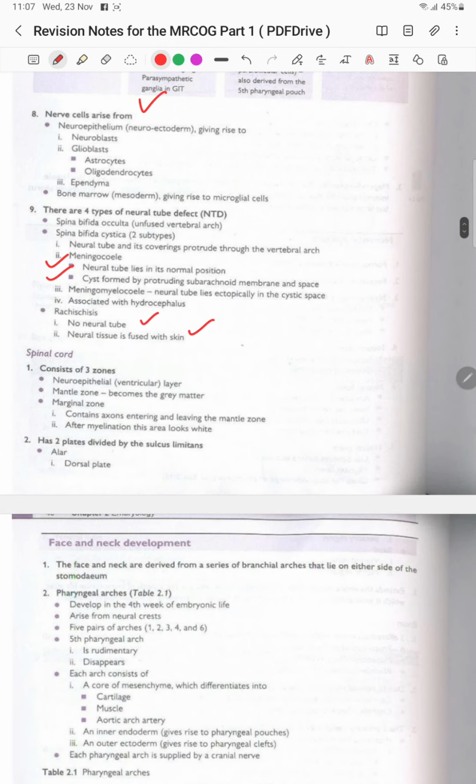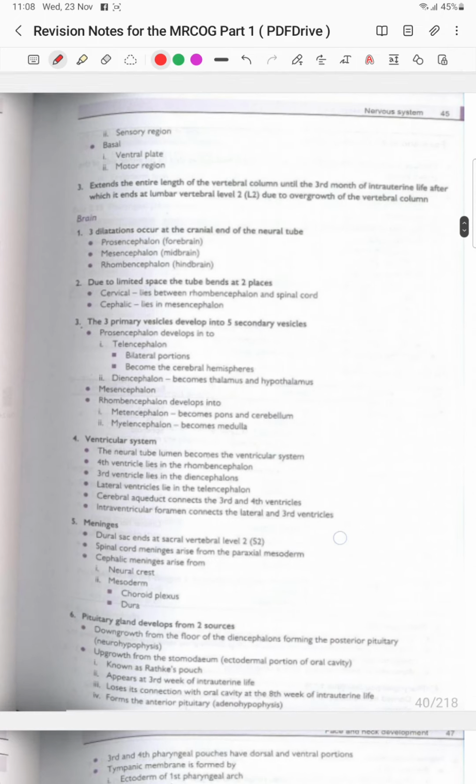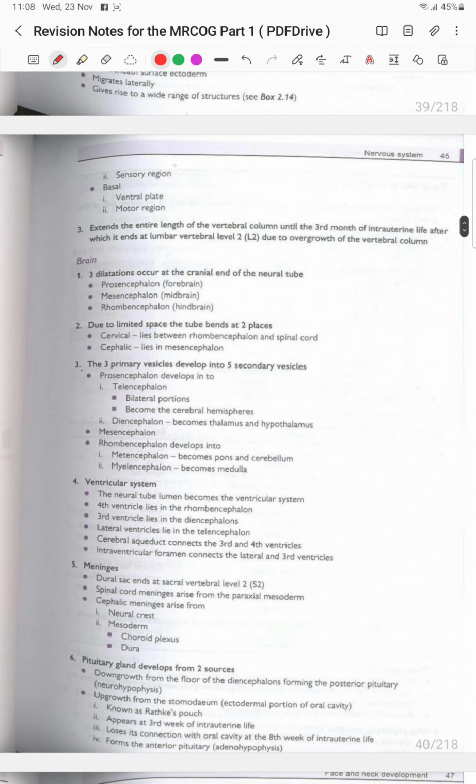The spinal cord consists of three zones: the neuroepithelial, the ventricular layer, and the mantle zone, which becomes the gray matter, and the marginal zone, which contains the axons entering and leaving the mantle zone, and after myelination this area looks white. It has two plates divided by the sulcus limitans: the alar dorsal plate, the sensory region, and the basal ventral plate, the motor region.